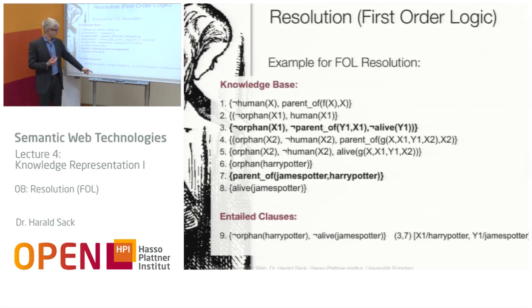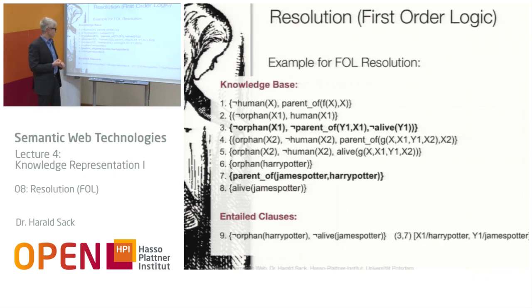And for this resolution step, for example, we have taken clause number 3 and clause number 7. And we have substituted here, orphan x y, we have substituted the variable x1 with Harry Potter, and we have substituted the variable y1 with James Potter.